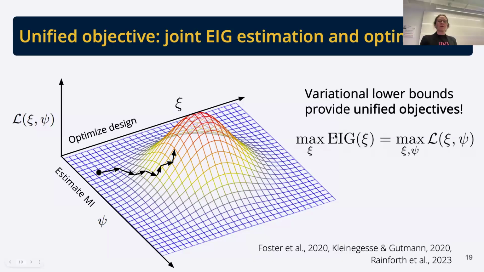So in particular, if we have a differentiable simulator, a differentiable model, what we can set up is a variational lower bound to the expected information gain and maximize it jointly with respect to the variational parameters, phi, and the design psi. That was done quite a few years ago now, and I would say that this is the standard way of approaching design of experiments, at least with differentiable simulators.